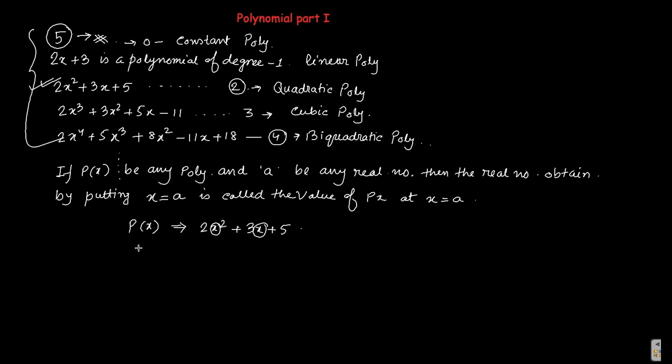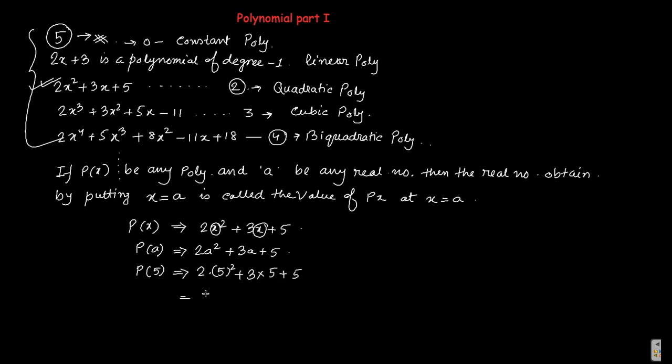So if we put a instead of x, it becomes 2a square plus 3a plus 5. If we put 5 instead of x, then it is 2 into 5 square plus 3 into 5 plus 5.